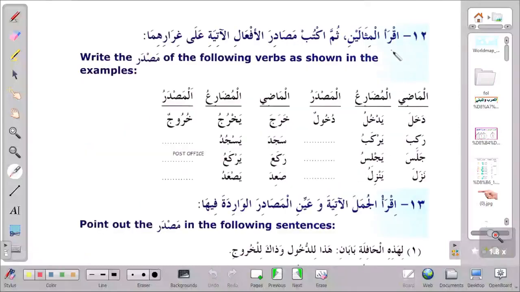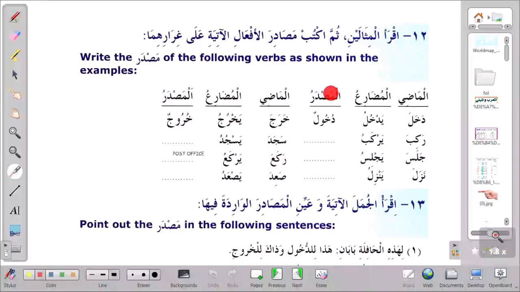Okay, so اقرأ المثالين ثم اكتب مصادر الأفعال الآتية على جرارهما. Now, what they are trying to explain here is masdar. I think in the previous lesson we introduced masdar. The masdar, as we said, is the verbal noun.